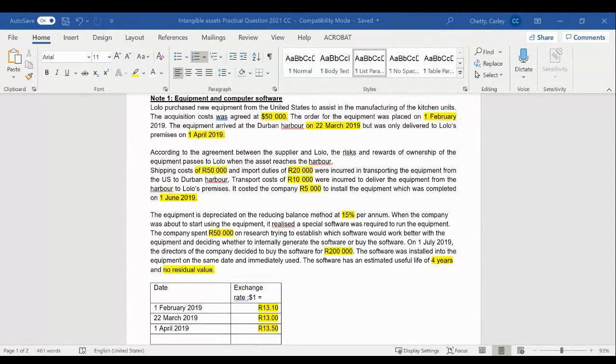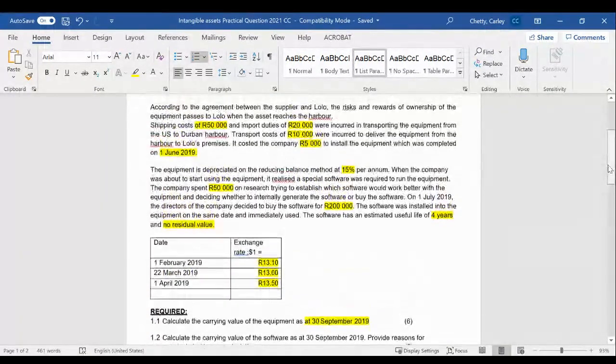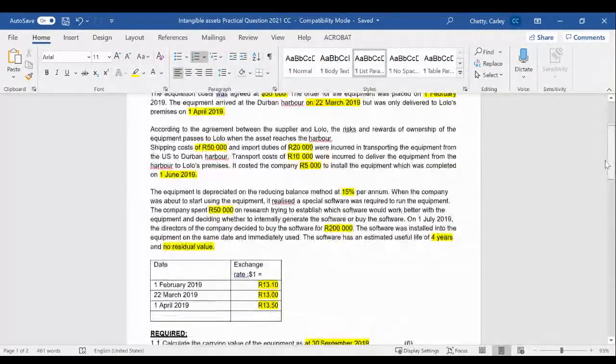Okay, Maleka has said that is the date risks and rewards were transferred. That is 100% correct. So we need to convert this amount into rands on the 22nd of March. Okay, so who can tell me what amount we get? If you take the $50,000 and multiply it by 13 rand, what is the amount we are getting?